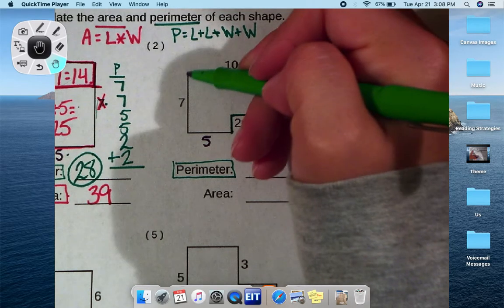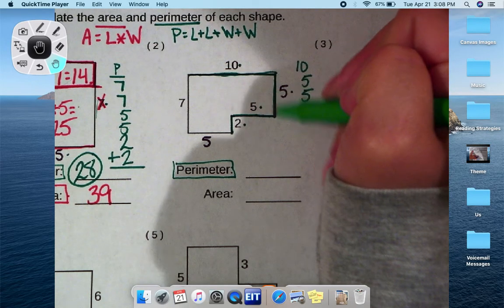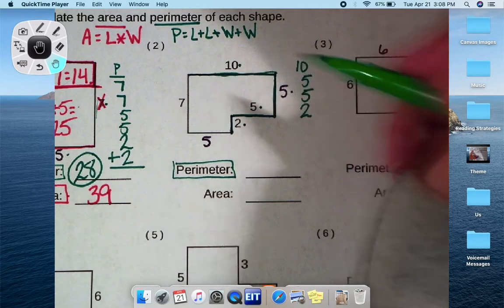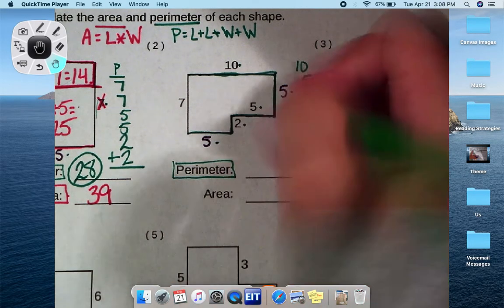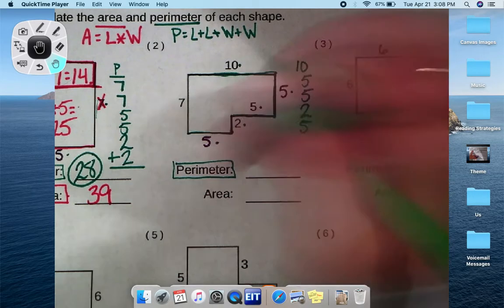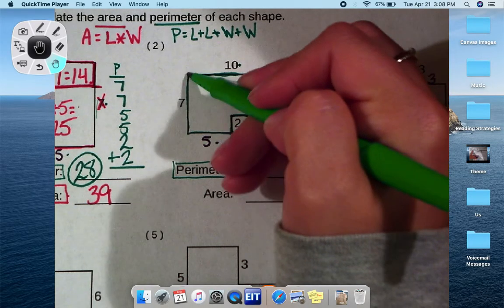See how I'm highlighting every single side to make sure I don't miss an amount? Plus another 5 plus 7.